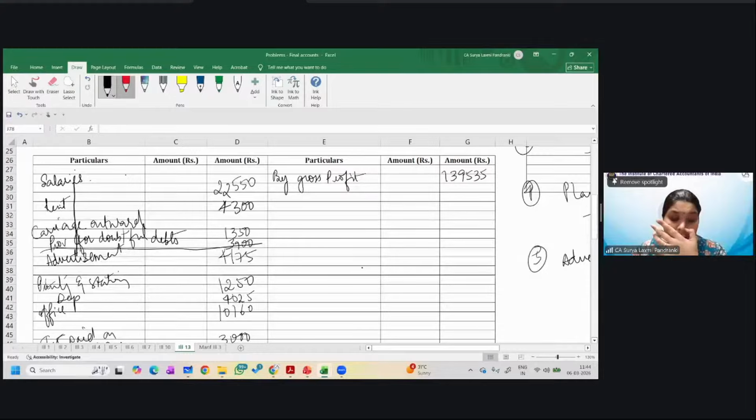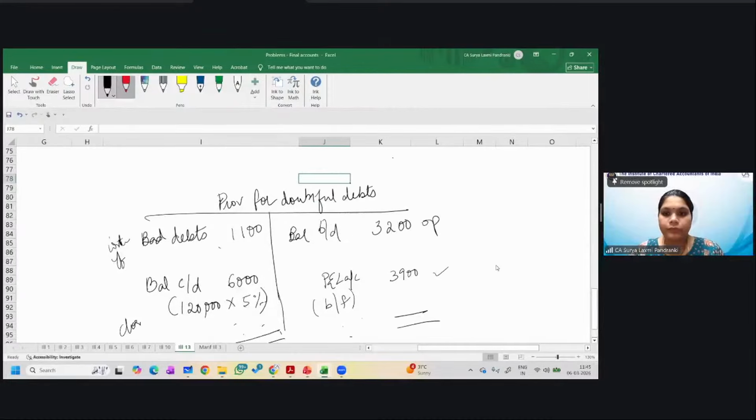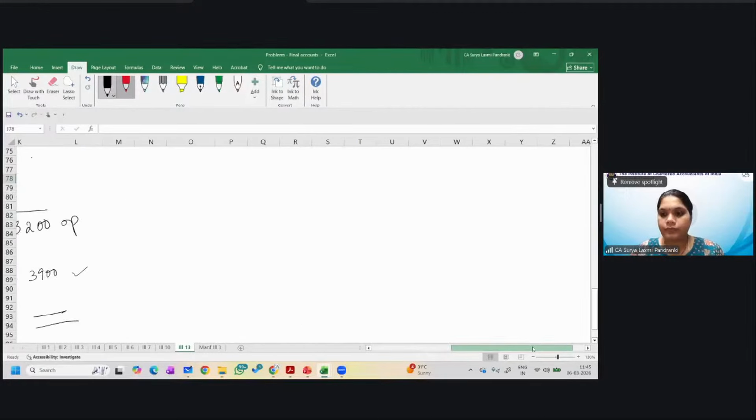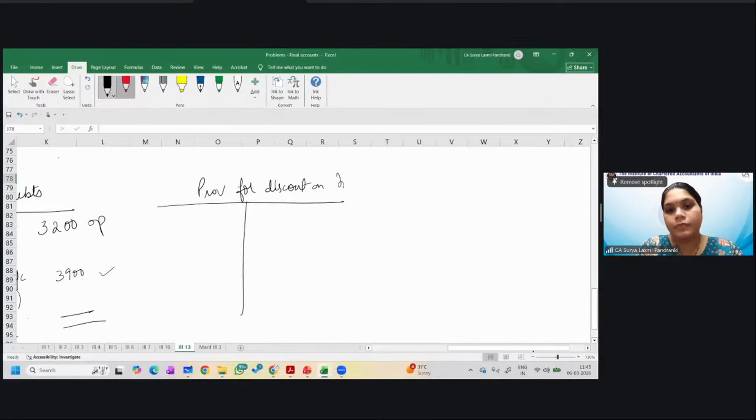Now we also have provision for discount on debtors. Let us also see that. In this account, what is the opening balance?